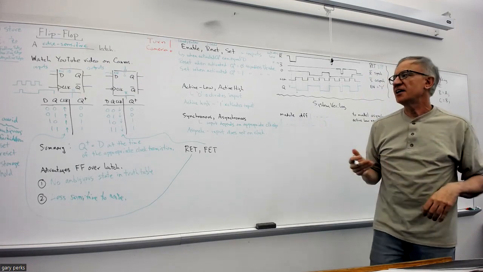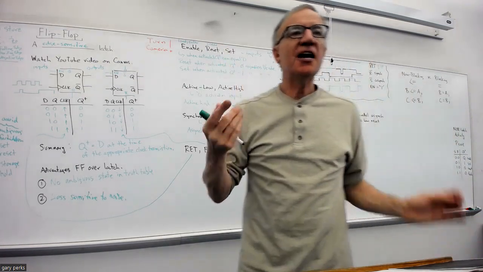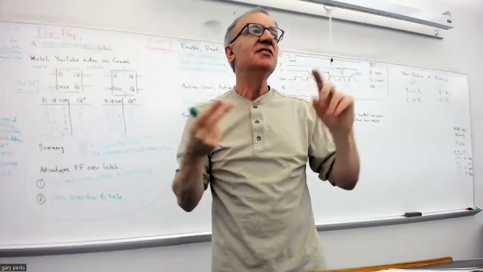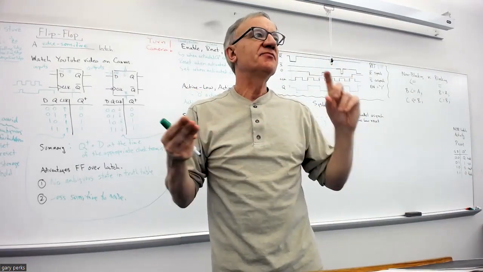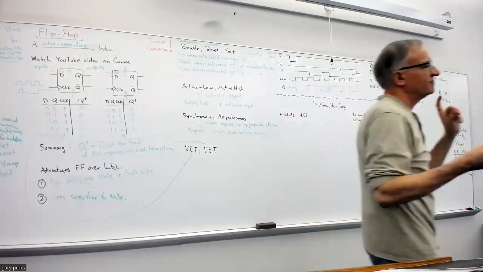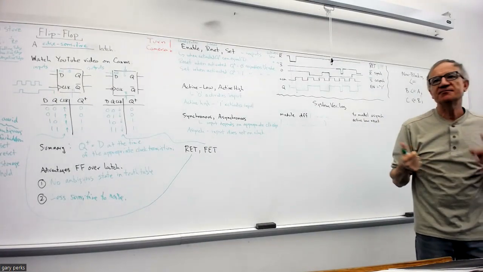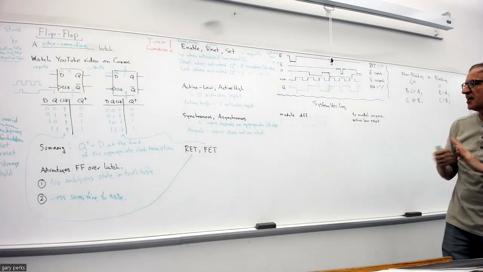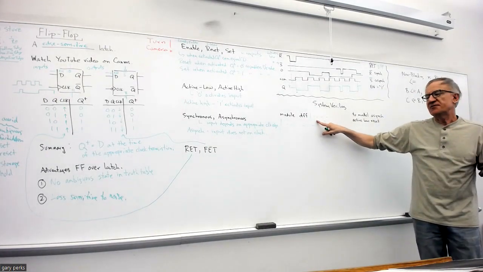Now for lab 5, your flip-flop is going to have an enable, a reset, and a set. Flip-flops always have a D input, and they always have a clock input. So you're going to have 5 inputs.